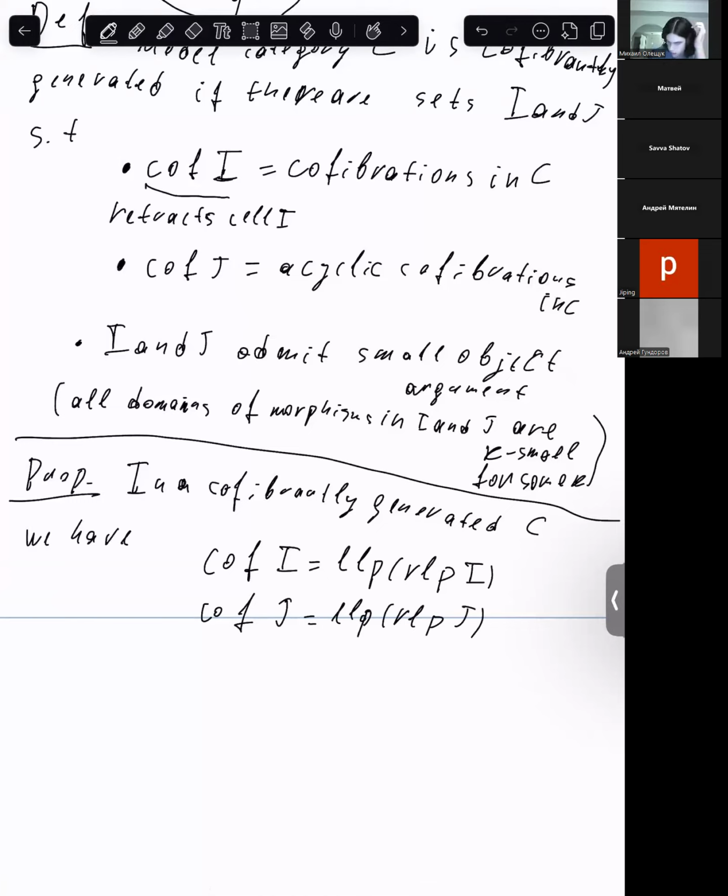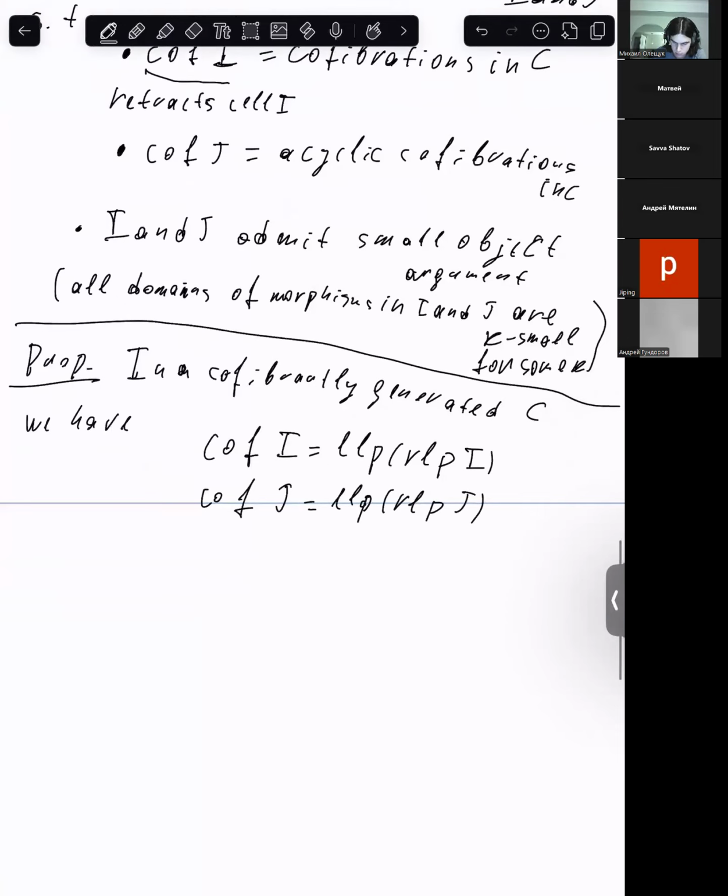This is a way to construct the cofibrations in C, when C is cofibrantly generated from a small set of morphisms I, just by taking all morphisms that have the right lifting property against morphisms in I, and then taking the morphisms that have the left lifting property against those morphisms.